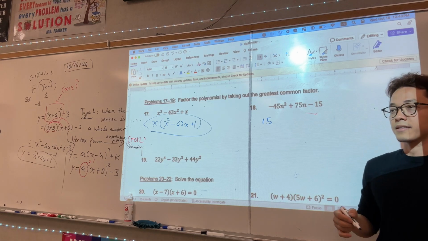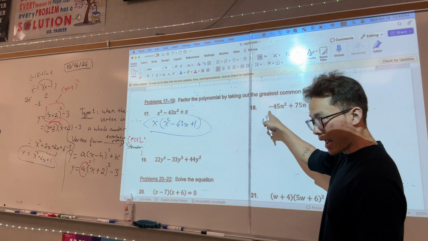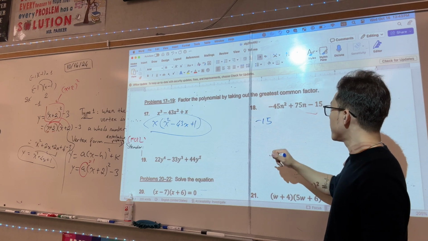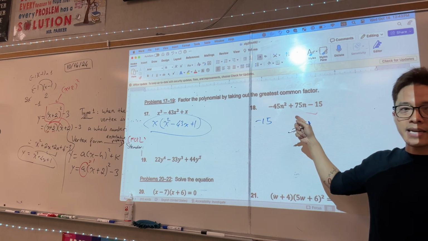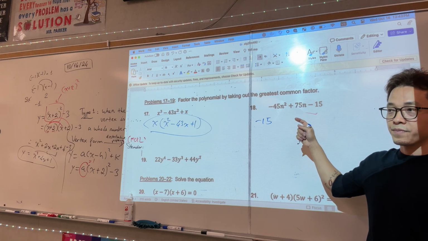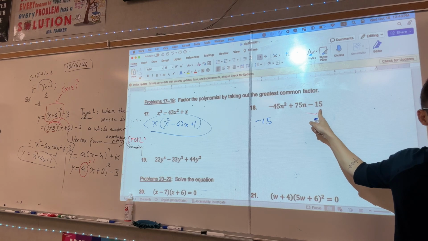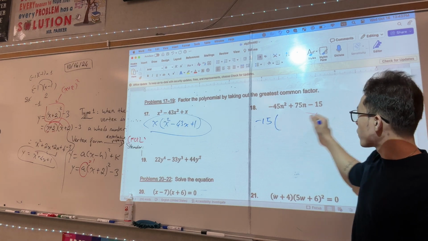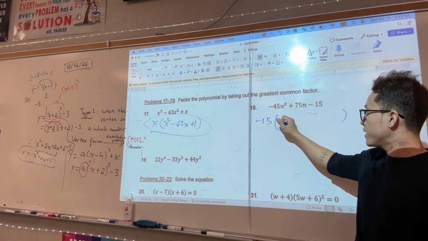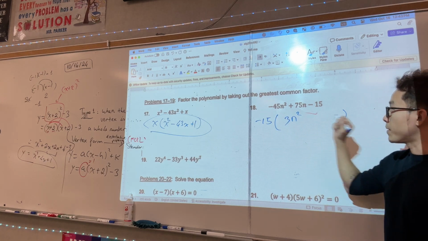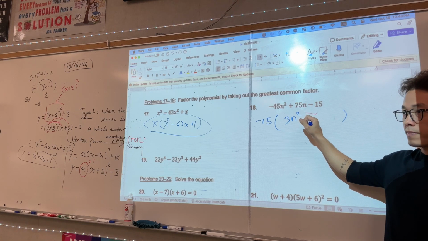Negative, but not yet. And then you have to factor in the negative. Exactly. When the negative is on a leading term, you need to factor it. So negative. Why can't we take any letter out? Because not all of them have it, right? This one doesn't have the letter, so you cannot take it out. What do you have left? 45 divided by 15 is 3. 3n squared, plus or minus?